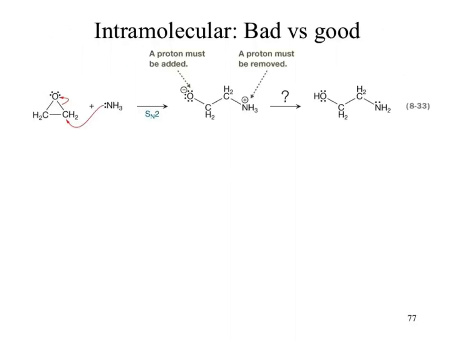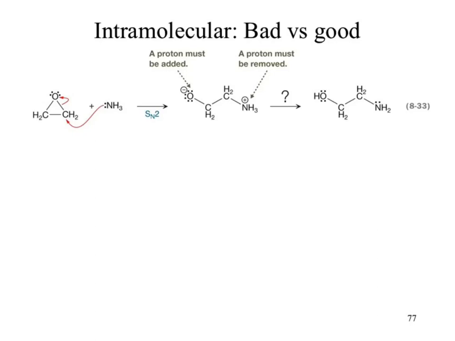So one of the things that we talked about, and I believe it was you, Cass, that asked about it, trying to run an intramolecular reaction. If we take a look at the reaction shown here, we've got a mechanistic step set up. The nitrogen being a source of electrons will do a backside attack and kick out the oxygen as a leaving group. This one's a bit weird because that oxygen leaving group is still attached to the structure in the product.